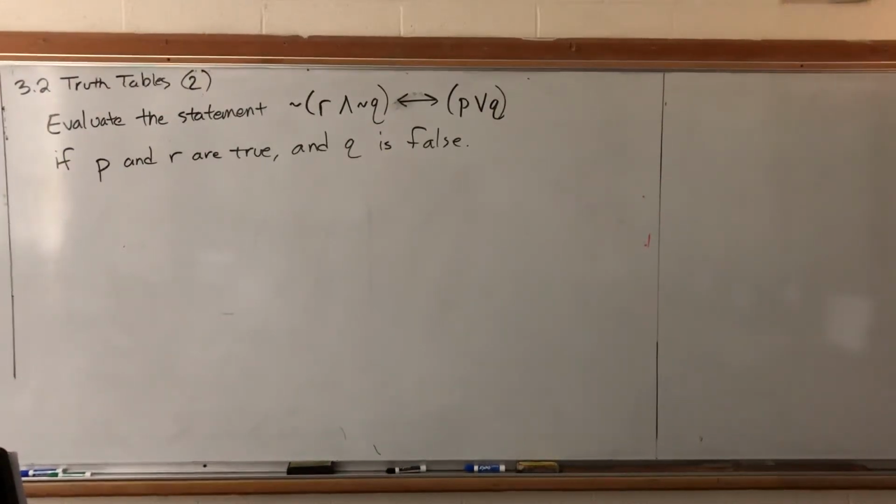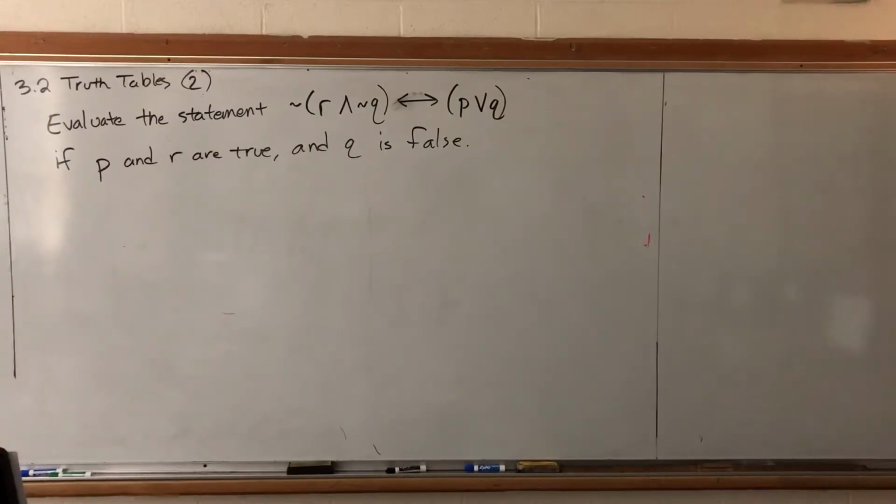Section 3.2, Truth Tables, Video 2. In the homework for 3.2, there's another type of problem that involves the hierarchy of logical connectives. You're given a statement and you're asked to evaluate it based on specific truth values for the simple statements it includes.